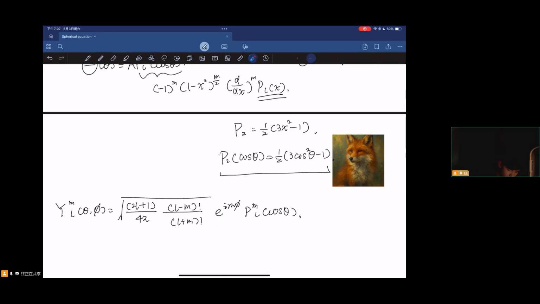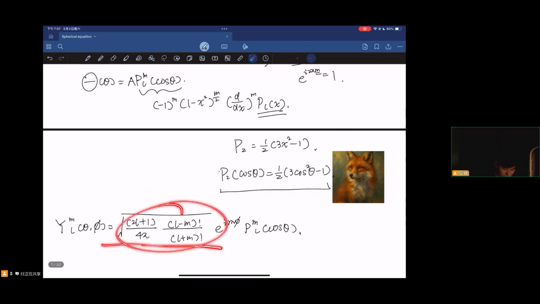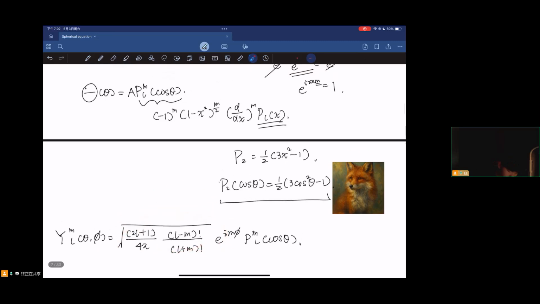Okay, but wait a minute. How do we get this? This looks quite unfamiliar, right? I didn't show the steps to this. It's just the form of constant A. So by a lot of computation, those scientists tried different values of L and then discovered a form for A. This form guarantees that the wave function Y can be normalized.